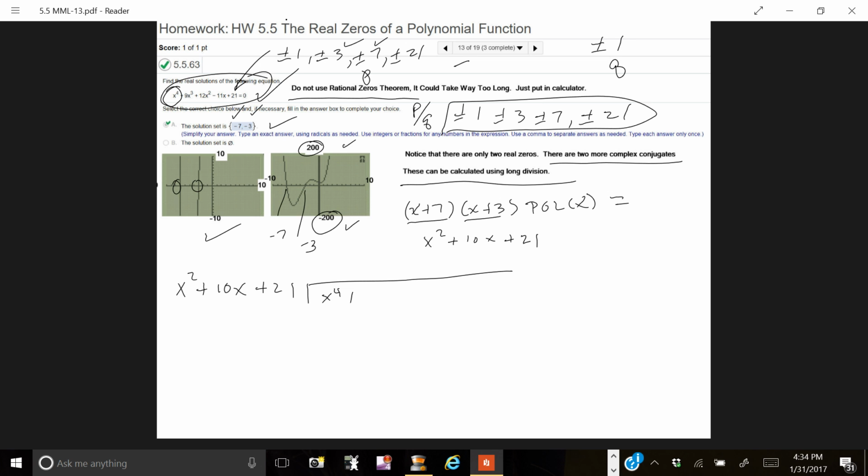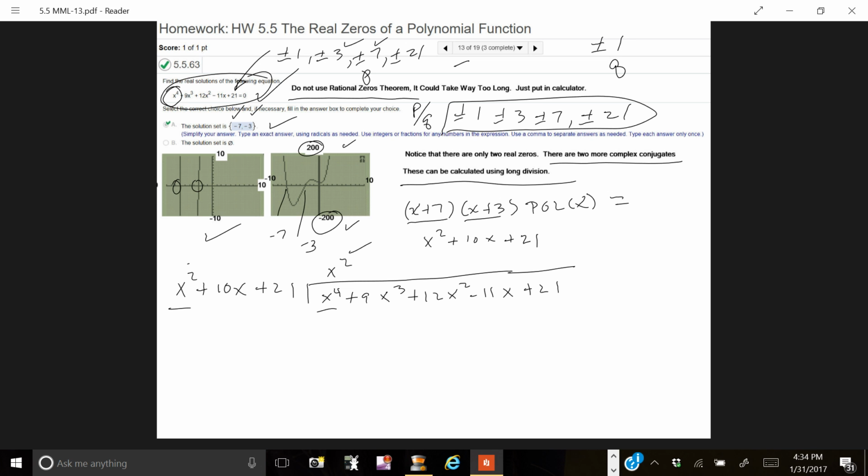plus 9x cubed plus 12x squared minus 11x plus 21. And let's go ahead and do a long division. X squared into x to the fourth goes x squared times.